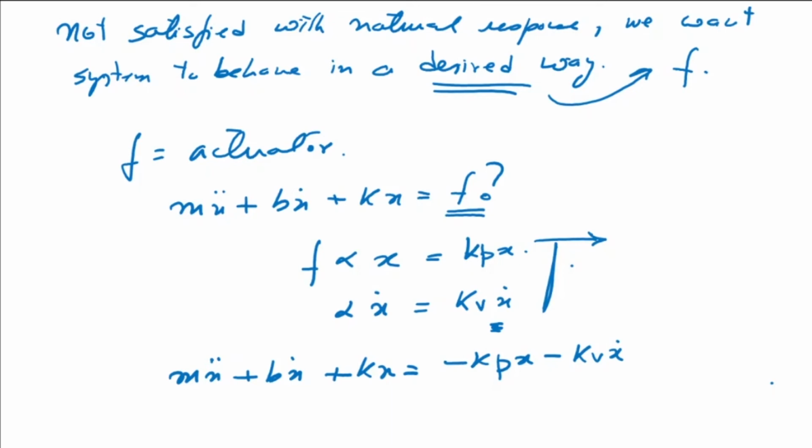We said we apply an f proportional to the position and proportional to the velocity, equal to kp times x and kv times x dot, where kp and kv are called the proportional gain and the velocity gain, or derivative gain.